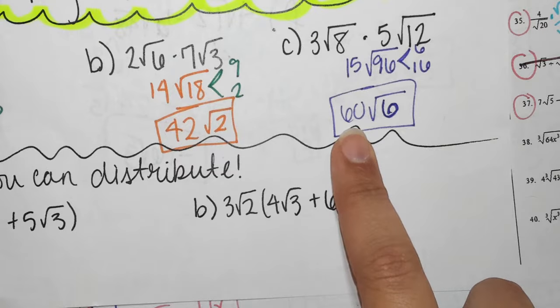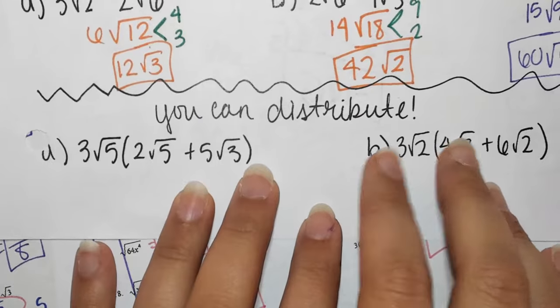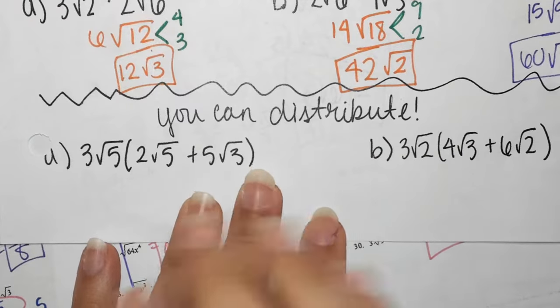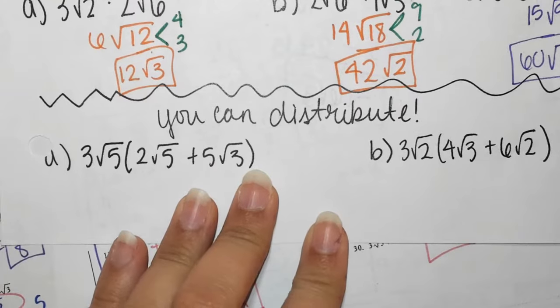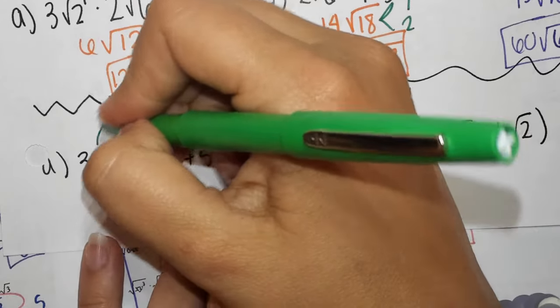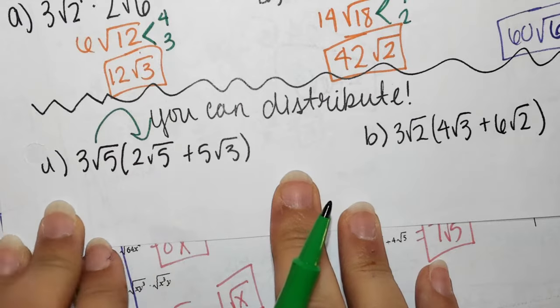Alright, last part of this foldable and then a new foldable. So you can distribute, which means that you just do the same thing we've been doing. Which means that you multiply 3 root 5 times 2 root 5. Now tell me, can I multiply the root 5 and the 2?